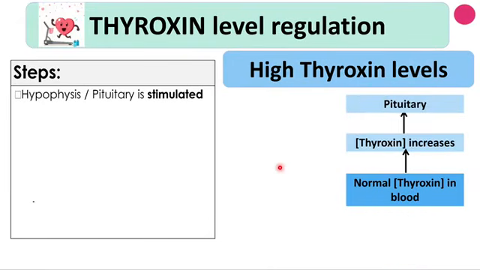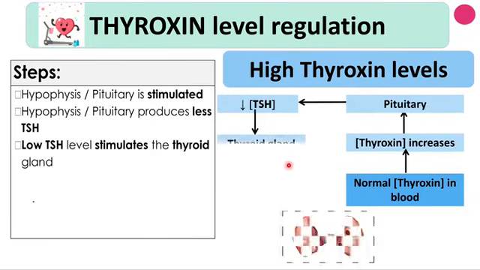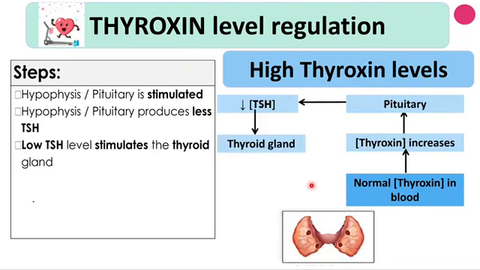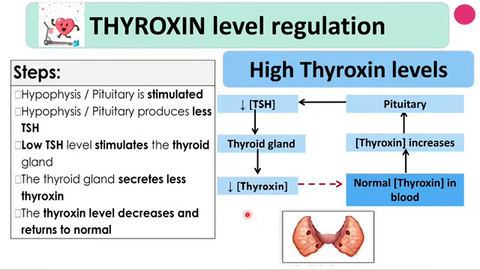To do that, it produces less TSH, so that the thyroid will be stimulated a little bit less. When the thyroid is stimulated a little bit less, we will have less thyroxine secreted, and then what we have at the end is the thyroxine level decreasing back to normal.